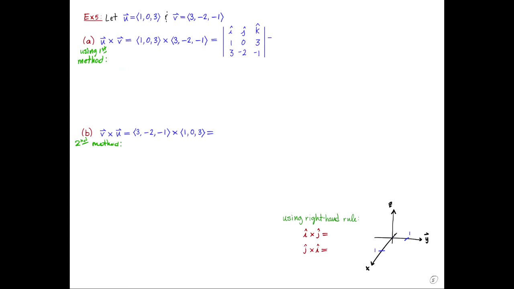This is equal to crossing out the row that contains i and the column that contains i and finding the determinant of the remaining 2 by 2 matrix.